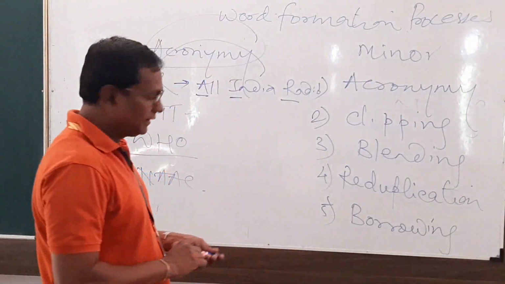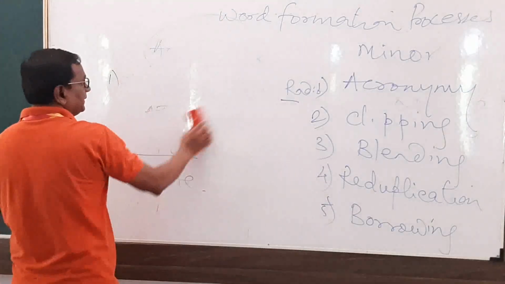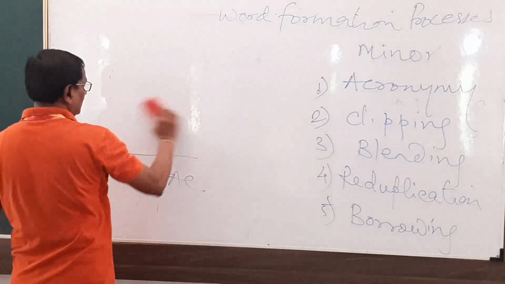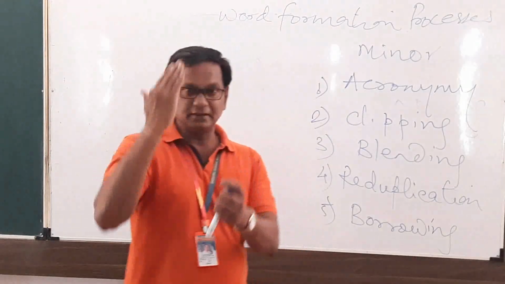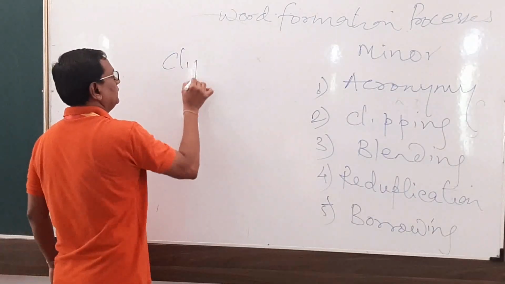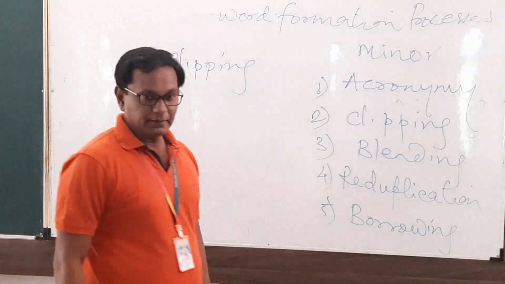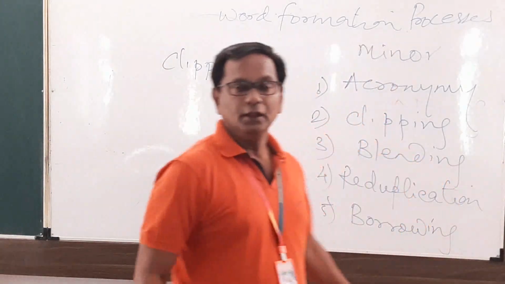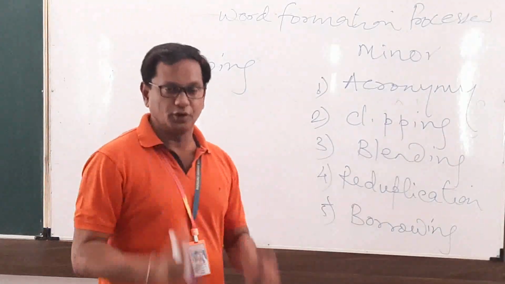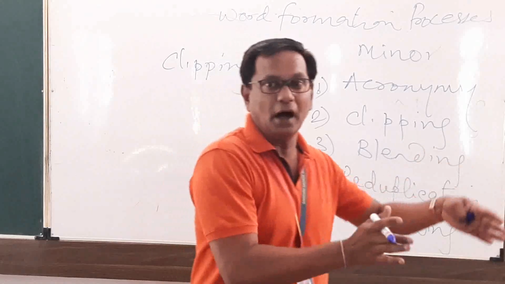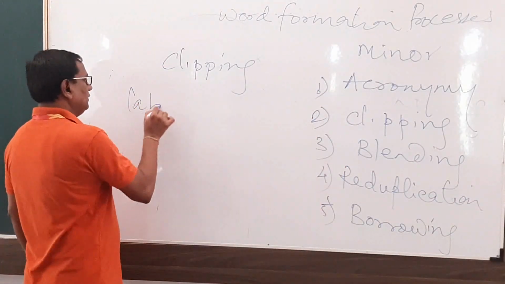The next one is clipping. What happens in clipping? In clipping, the very word clipping means cutting. It means to cut, clip. In the process of clipping, the longer part of a word is intentionally broken, and the remaining part stands for the word.